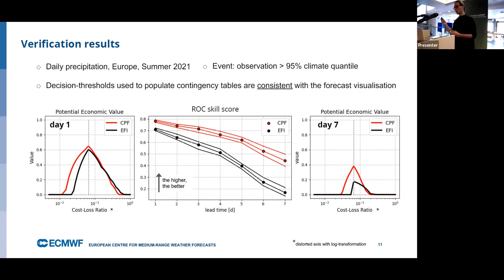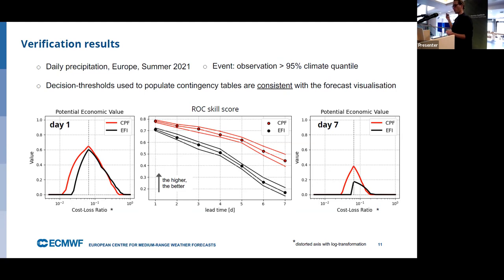I don't want to enter into the details of how we have computed these scores, but we try to be consistent with the way we display the forecast. So we use the same decision threshold to populate the contingency table as the one we use to show a plot. And the results are encouraging, and more than that, I would say.